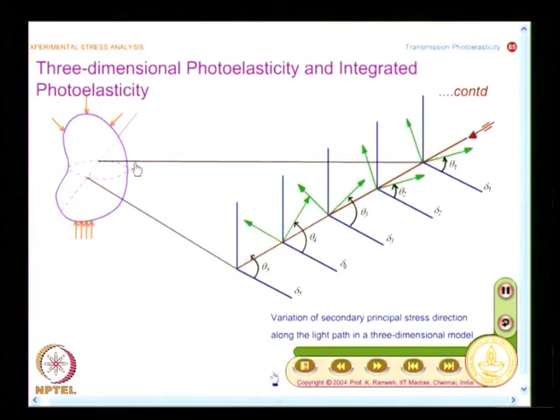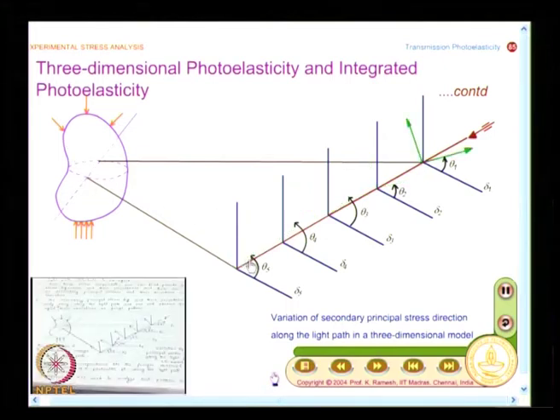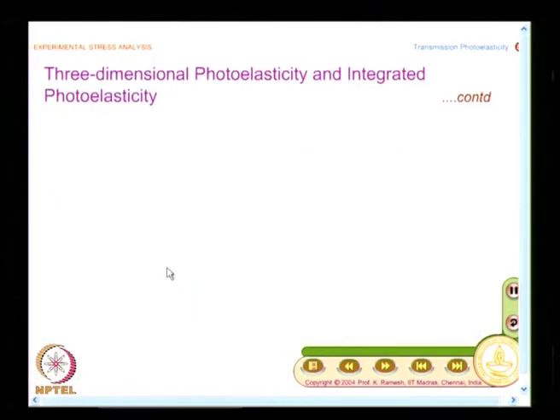So, I have a 3-dimensional model and the essence here is the orientation as well as the retardation changes along the light path. And obviously, one single light path will not give you all the parameters of interest. I may have to have multiple light paths for me to find out the stress distribution. So, you understand what kind of complexities come in a 3-dimensional photoelastic analysis.